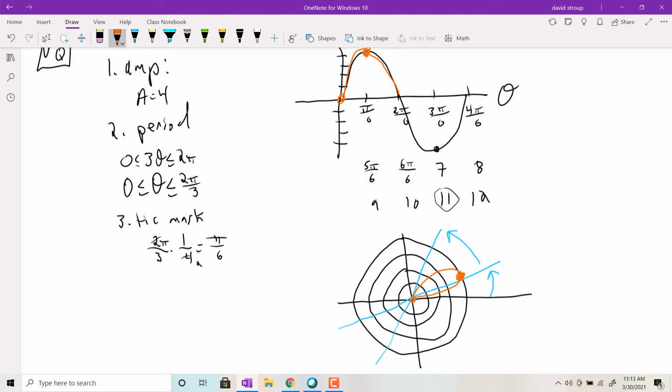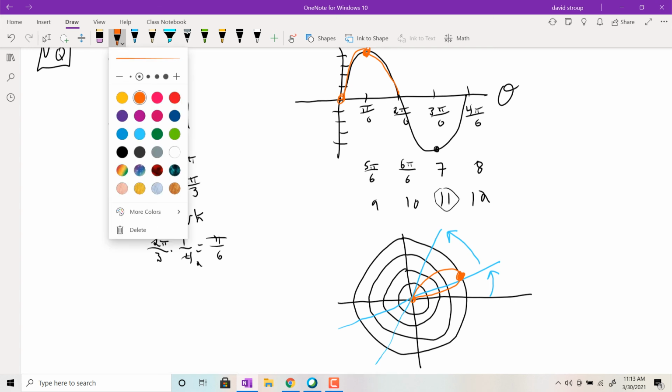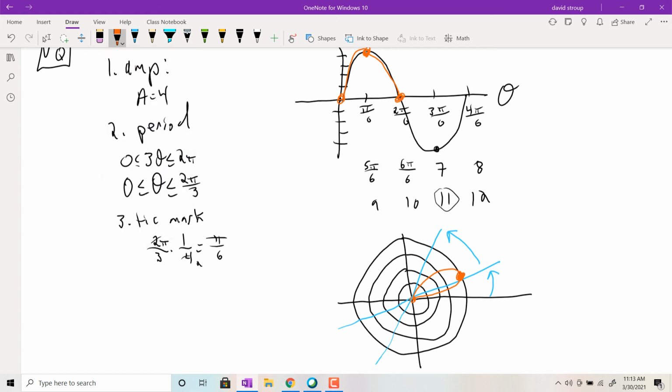Okay. And then from 2 pi over 6, which is pi over 3, to 3 pi over 6, which is pi over 2, it's going to go to negative 4. Okay? So that's to that angle. So going from here to here, it's going to start out at 0, which is right here on the arm. Right? So it's going to go 0, and then it's going to go negative to negative 4.